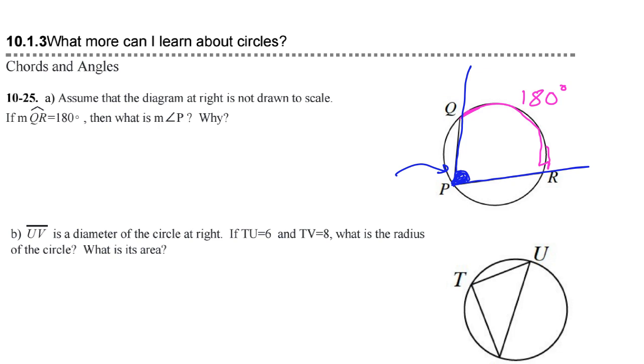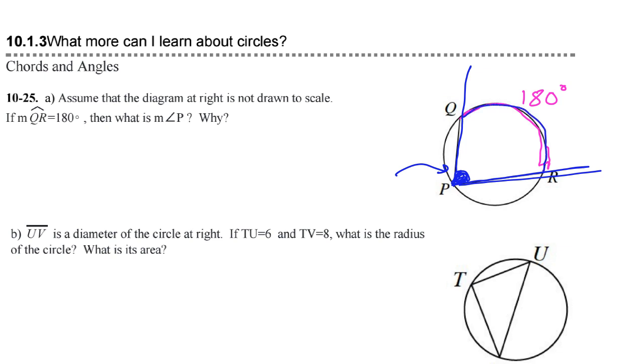With that inscribed angle, the best way to think about it is to extend the two rays that make that angle and figure out what the intercepted arc is and how it's related to that angle. The arc that corresponds to that inscribed angle is equal to 180.